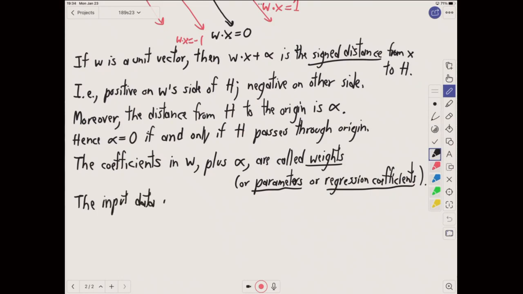All right, another definition. Sometimes our data is linearly separable. Sometimes it's not.